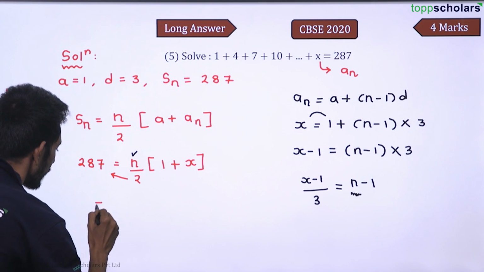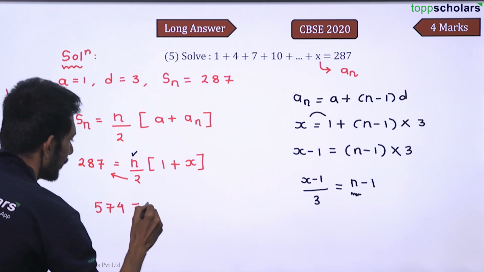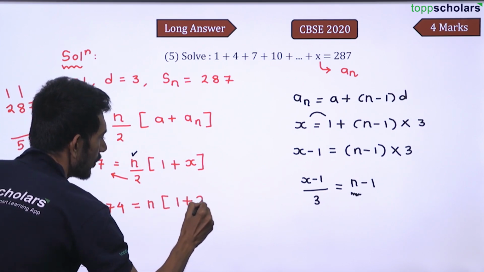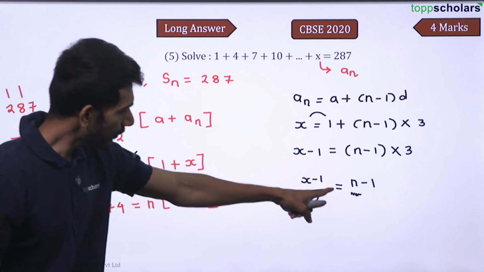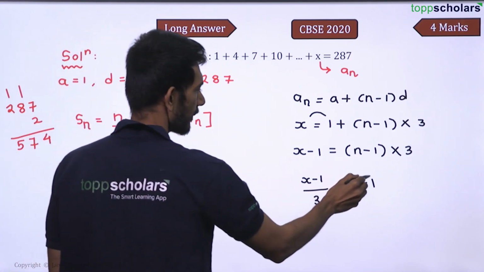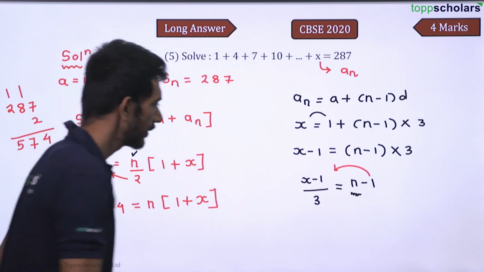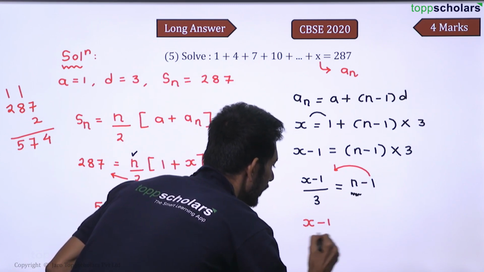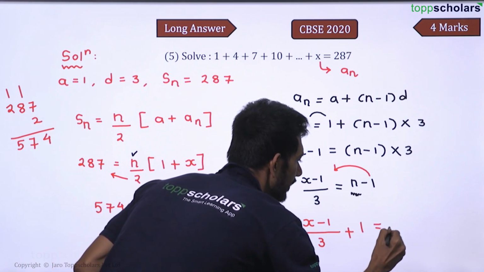This becomes 574 is equal to n into 1 plus x. Now from here, if I take minus 1 to the other side, what am I going to get? I am going to get x minus 1 by 3 plus 1 is equal to n.